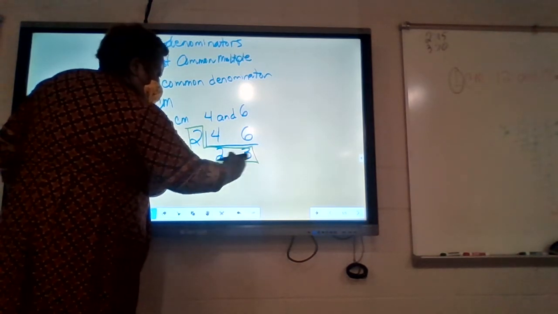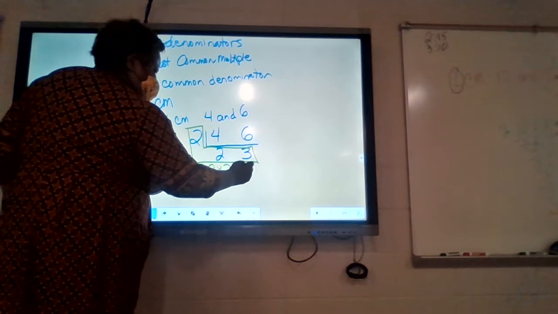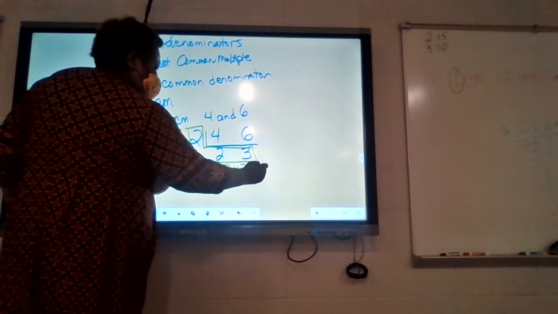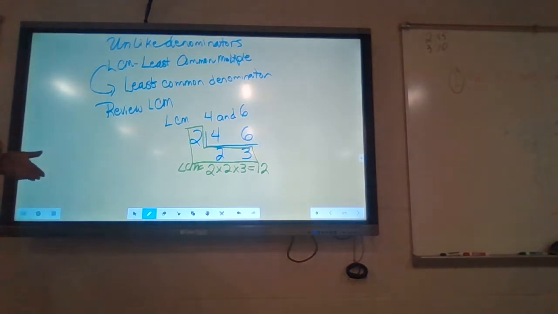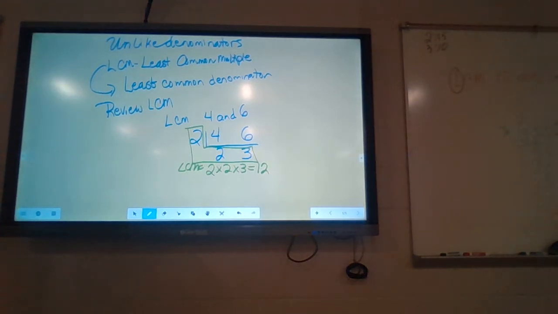We have to multiply all of these. 2 times 2 is 4. 4 times 3 is 12. So that is my LCM. And if I were adding fractions with denominators of 4 and 6, 12 would also be my least common denominator.